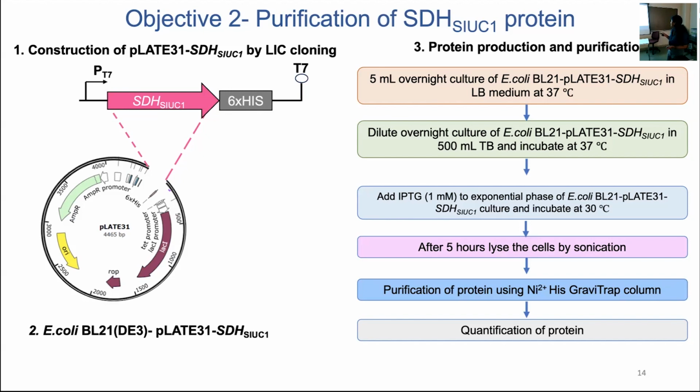In the protein production experiment, we used E. coli BL21 pLATE31 STH-SiUC1. We grew it in a nutrition-rich LB medium and then transferred into TB. We induced its protein production by adding IPTG, and we used a nickel HisGraviTrap column to purify the protein at the end of the process.